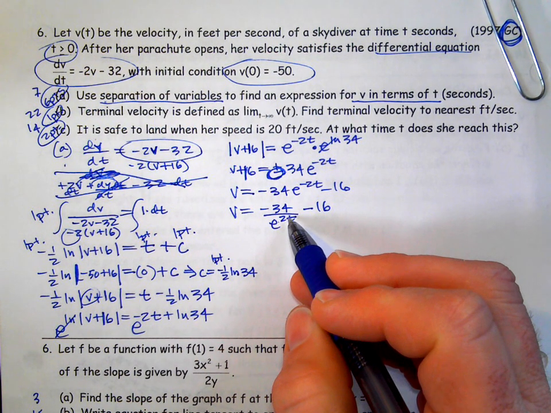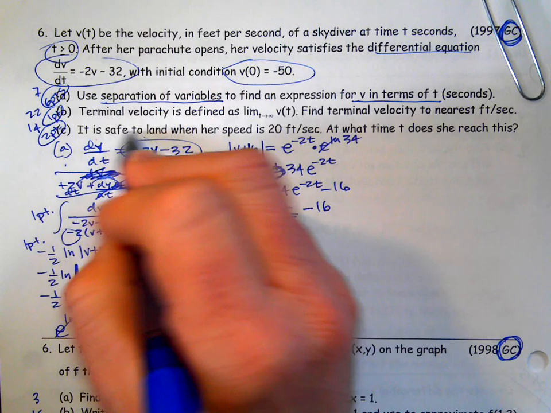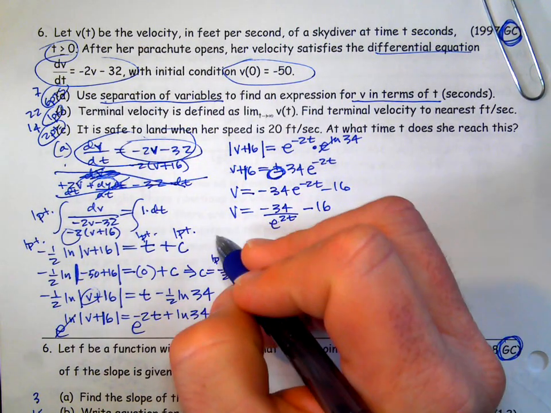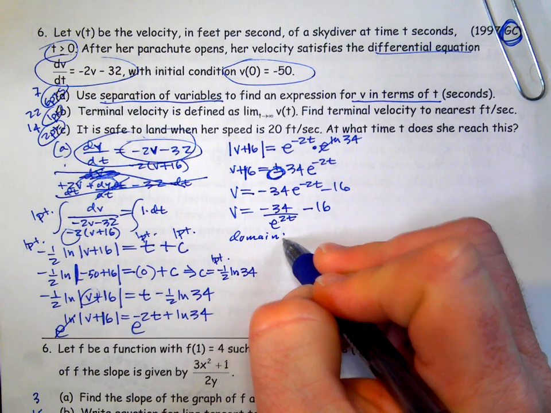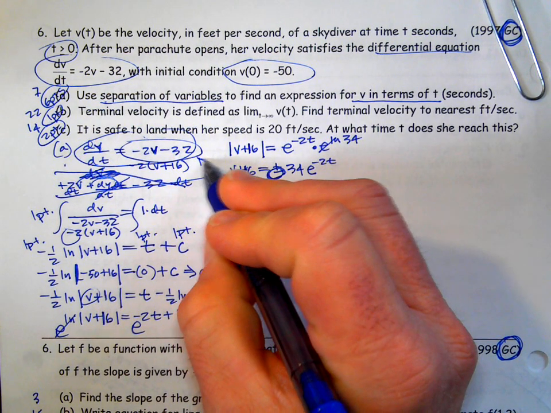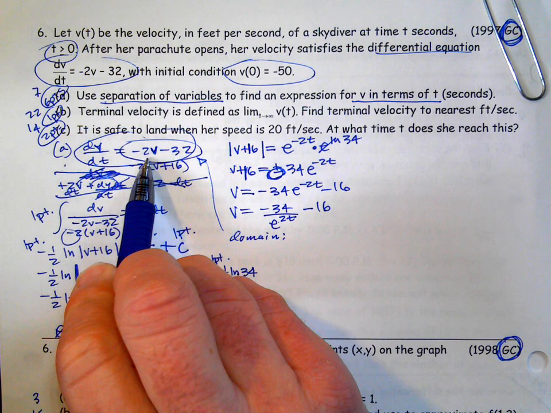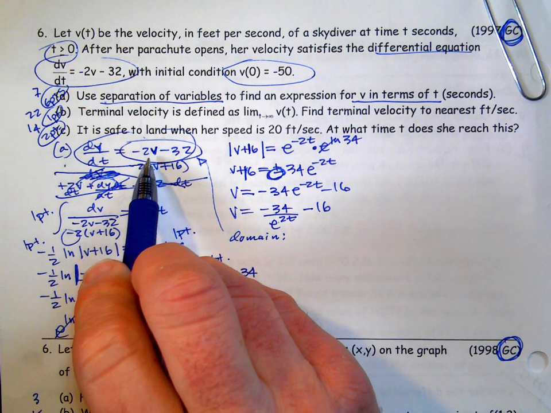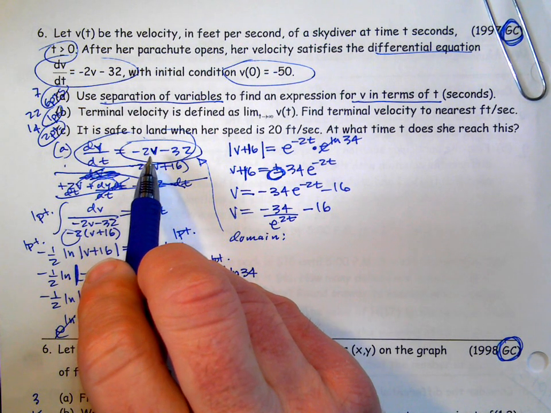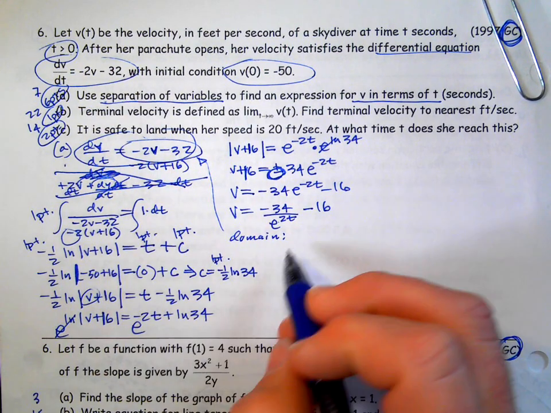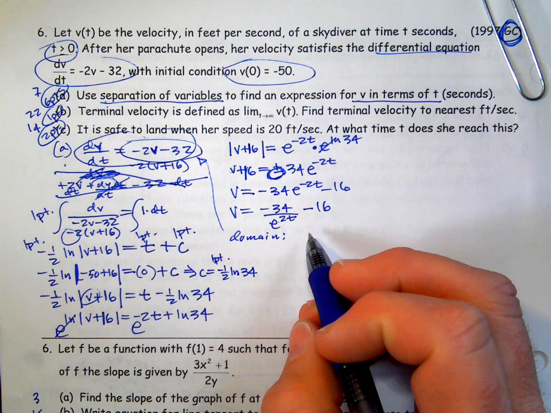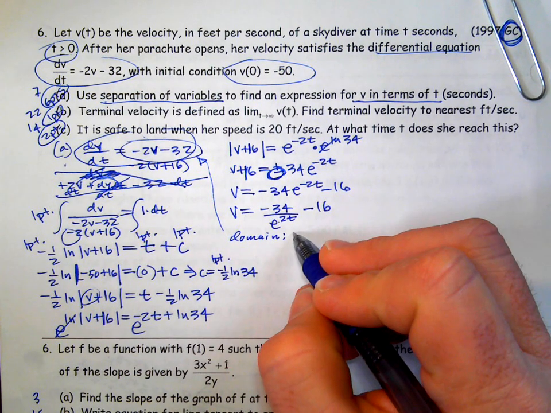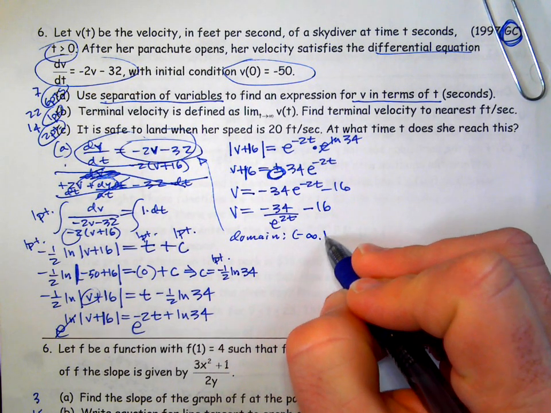You also need to go back to the original differential equation and ask yourself, as far as domain, so domain of this is all reals, but you also need to look over here and say, are there any values of v that would cause a problem, cause the derivative to be undefined? And that v value wouldn't be in your domain, but you would figure out the t that caused that v value. But that's good. So the domain is -infinity to +infinity.